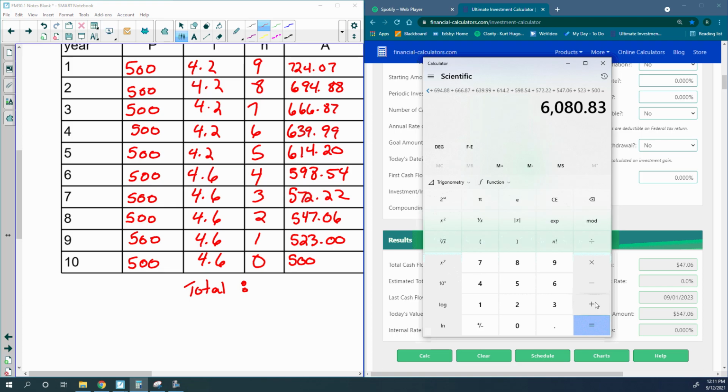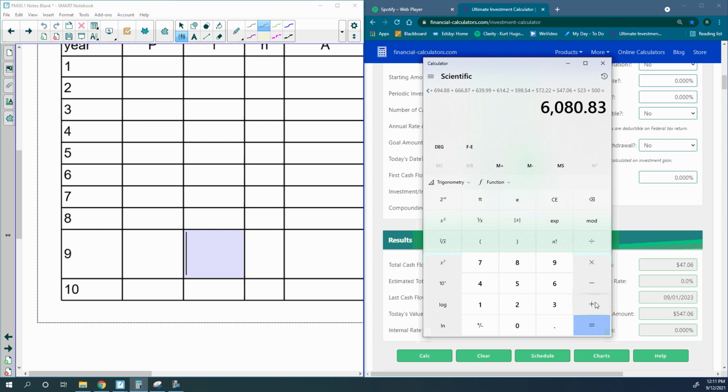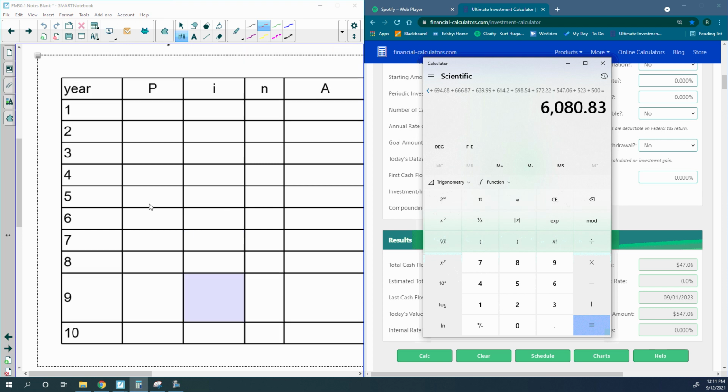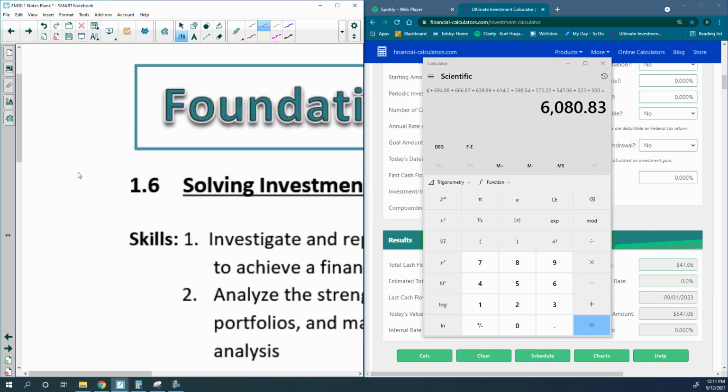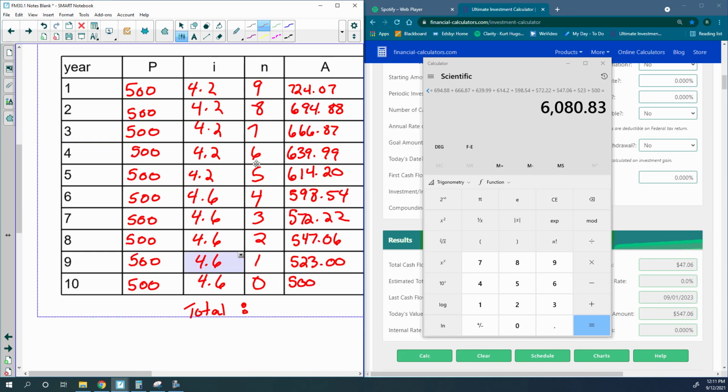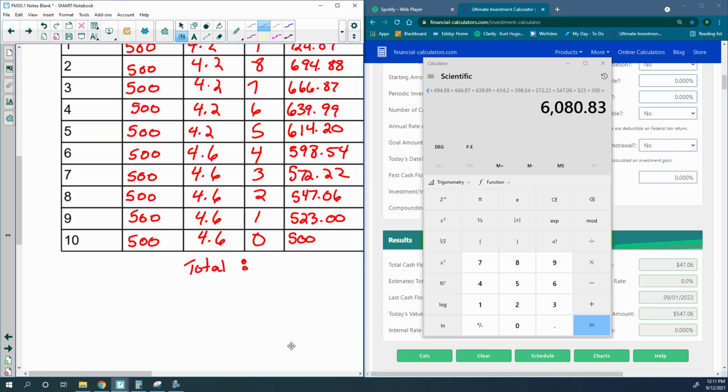So in the end, these Canadian savings bonds altogether, there we go. Sorry about that. And so in the end, it's $680.83 is what it works out to be for that one.